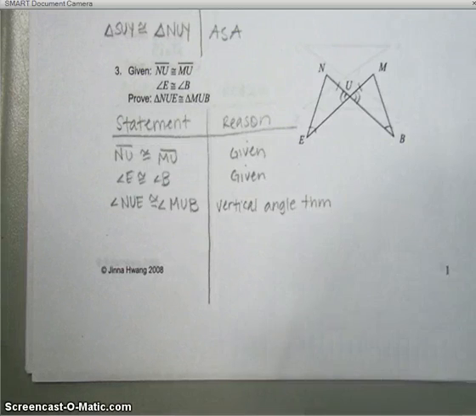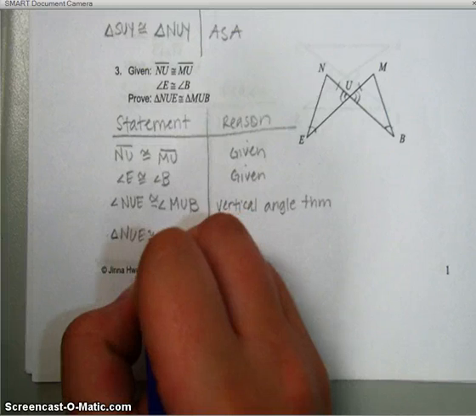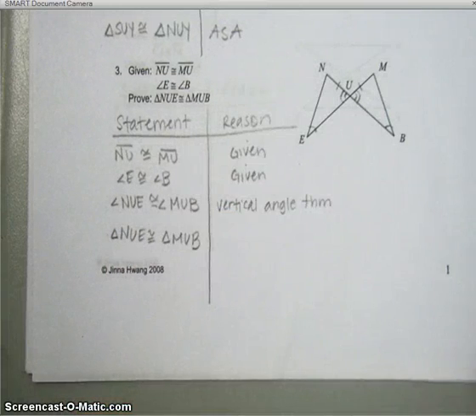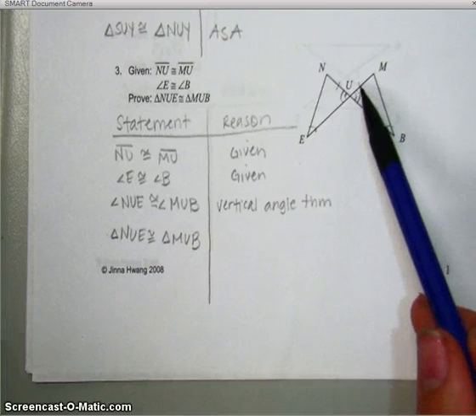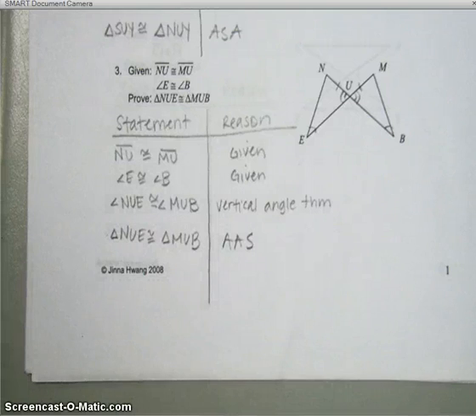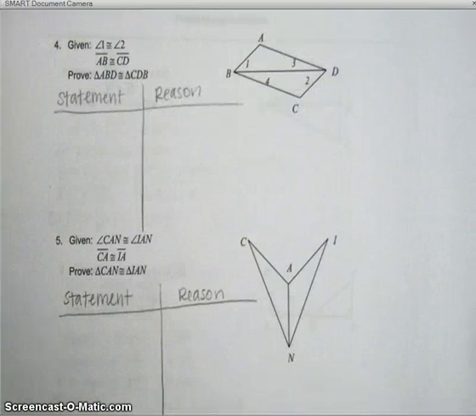So the vertical angles theorem, then that tells us that triangle NUE is congruent to triangle MUB. And we have an angle and a non-included side. So that is by AAS.